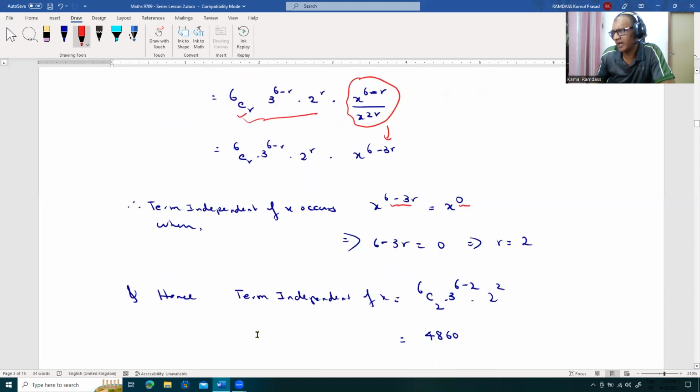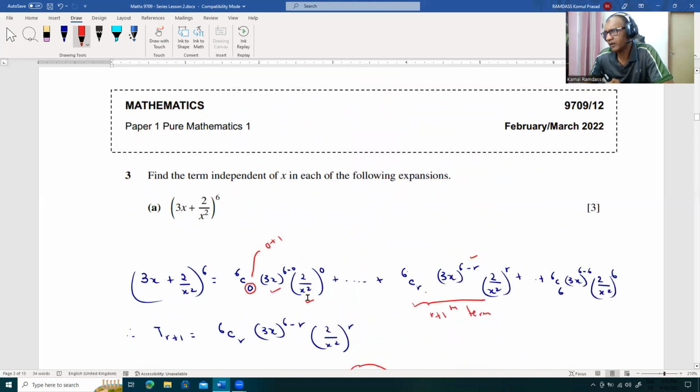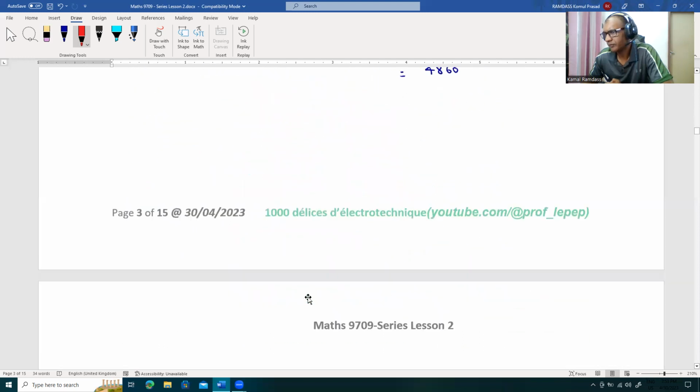Et là, on dit hence term independent of x, on remplace 2 dans sa expression-là. On a 6C2, 3 to the power of 6 minus 2, times 2 to the power of 2, on a 4860. OK.